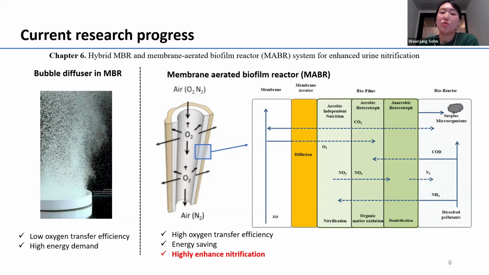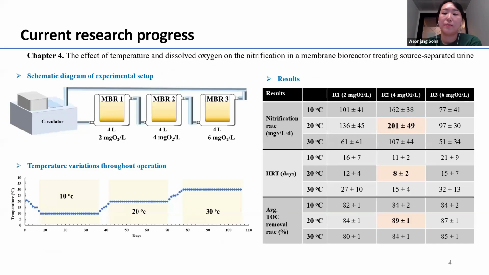I'm planning on the microbial analysis for this chapter 4. For now, I'm assuming from the literature review, but I will analyze the microbial community as well to support my result. Okay, is this ongoing now? Yes, it's ongoing. Okay, that's fine.